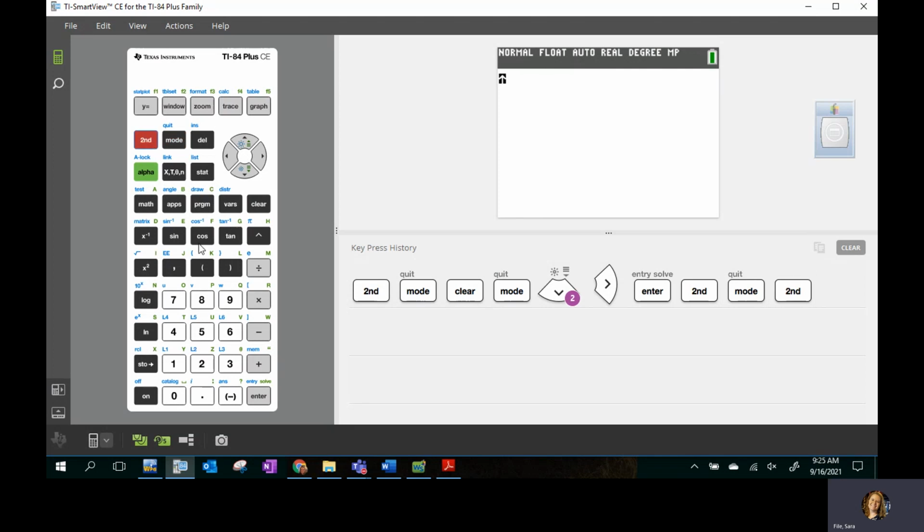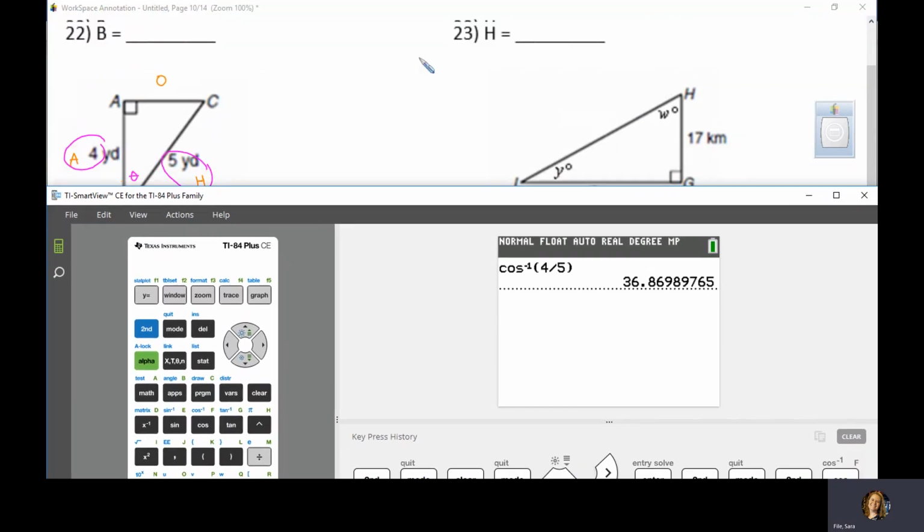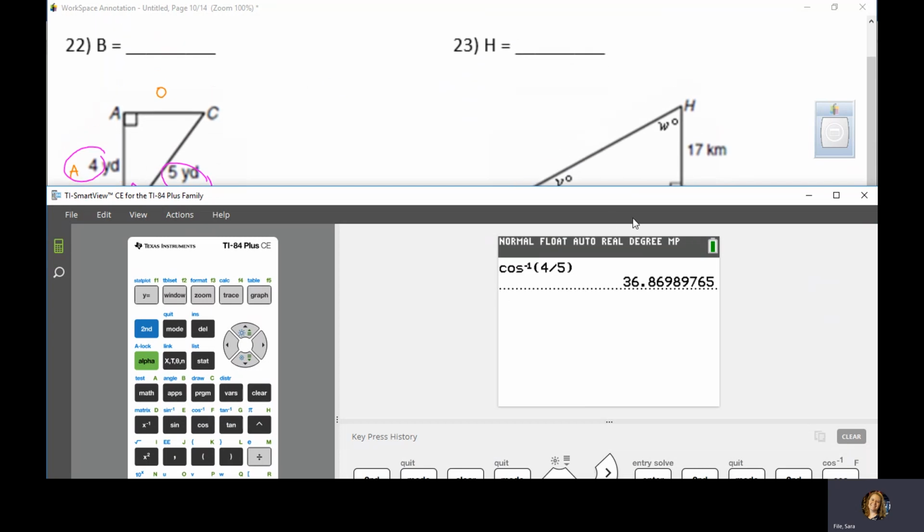So that inverse cosine, so second cosine of 4 over 5. This is the approximate answer. Did they say what to round to? It did not. So for an angle, we'll just round to the nearest degree, and for sides, we'll go to hundredths, I guess.